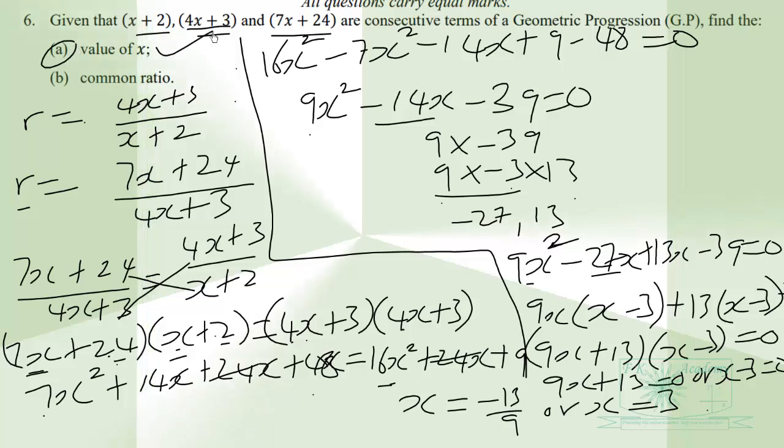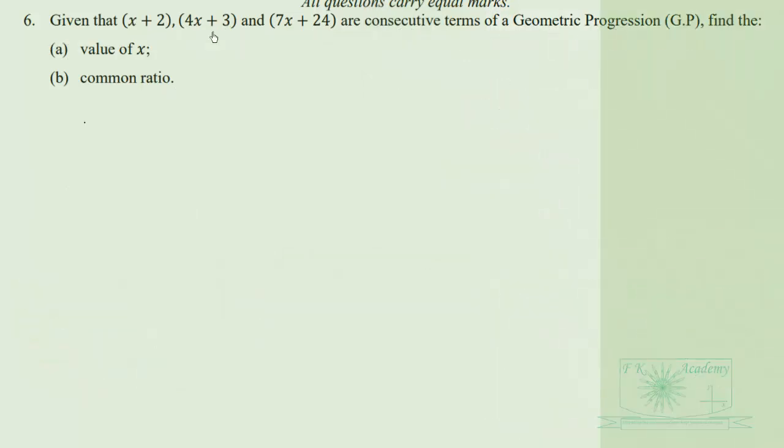Both of them will give us a geometric progression. So both values of x will give us geometric progression. So we need to find a common ratio. The common ratio is going to be 4x plus 3 over x plus 2. So let's do that.